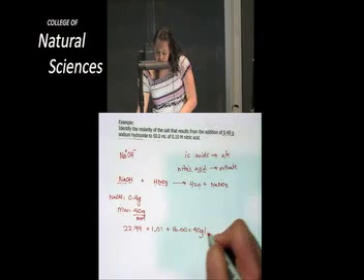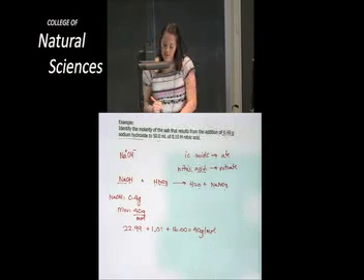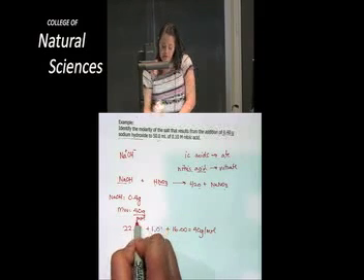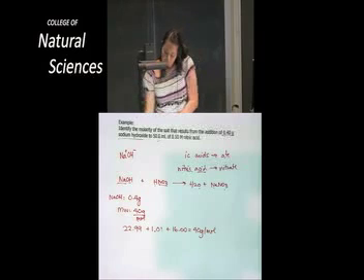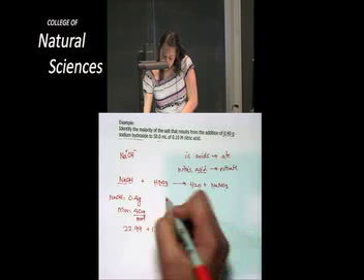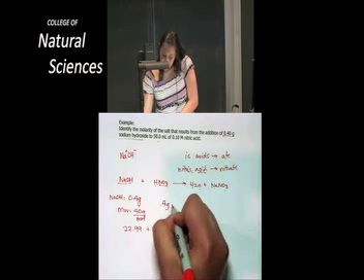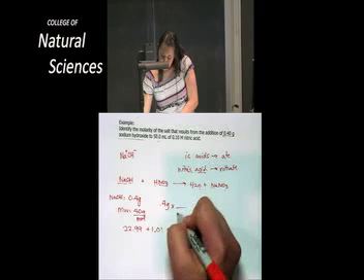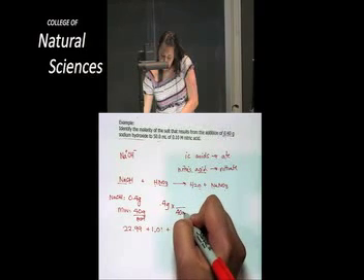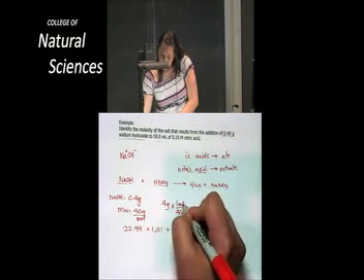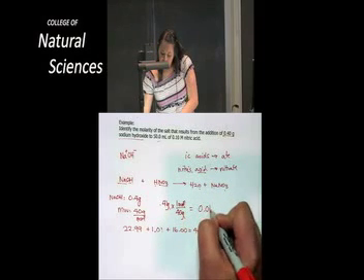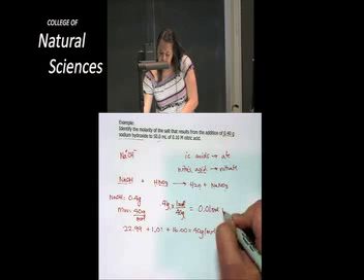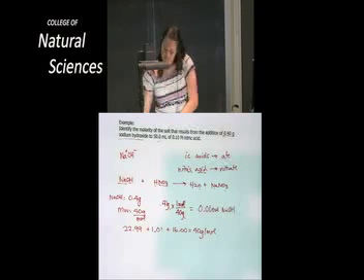So if we don't give you that information, you can easily find that on your own. So knowing that the molecular weight for sodium hydroxide is 40, we can now set this up to cancel out grams and get our moles. And we find that we have 0.01 moles of sodium hydroxide.